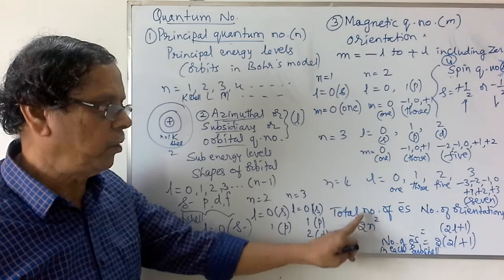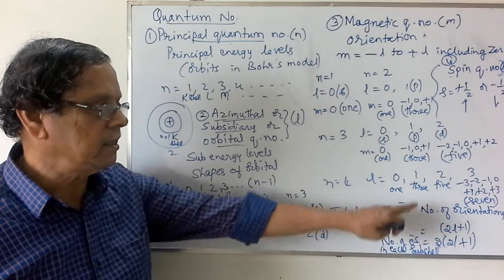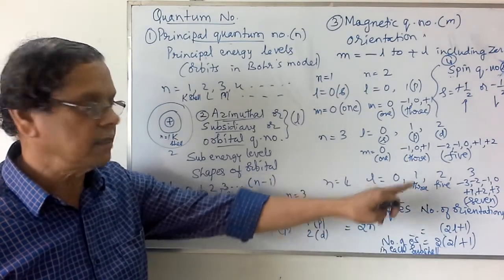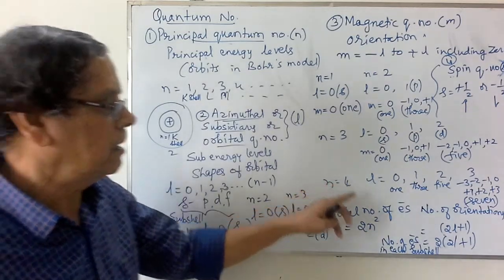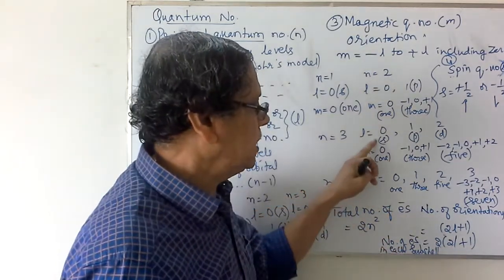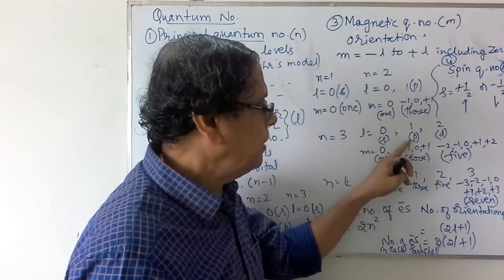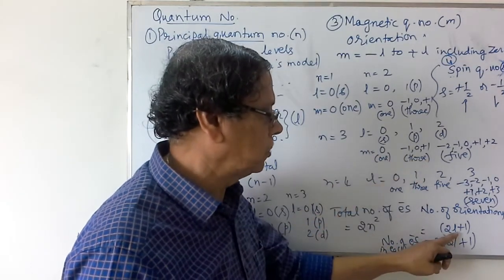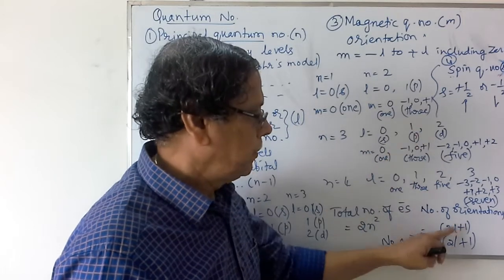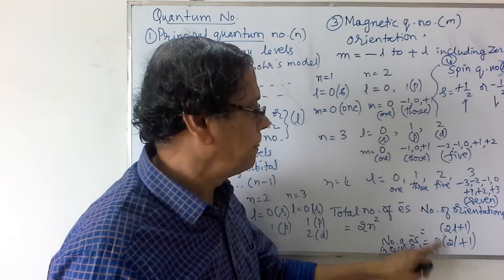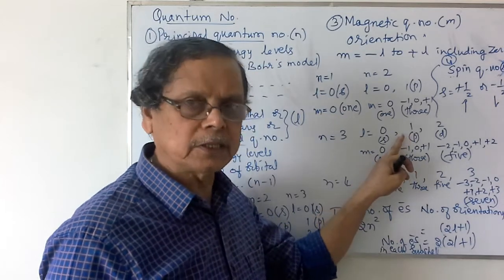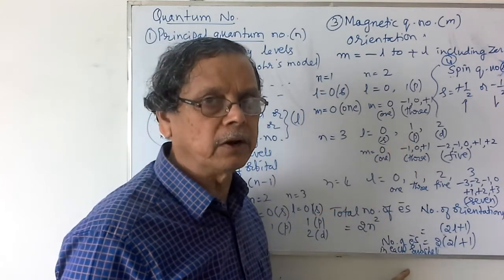S has only 1 orientation, P 3 orientations, D 5 orientations and F 7 orientations. So the number of electrons in each of these: in the S we have only 2. In the P, if you substitute L is equal to 1, 1 into 2, 2 plus 1, 3, 3 into 2, 6. Therefore, the P subshell can accommodate 6 electrons.